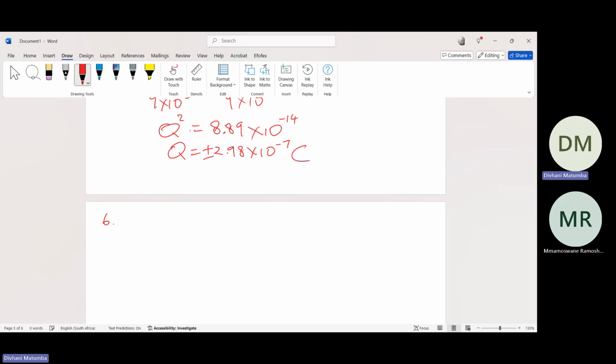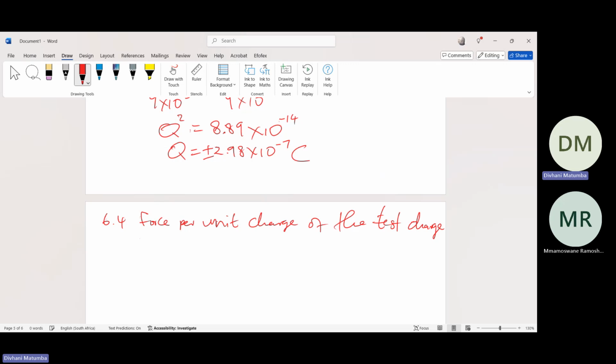That is correct. It is the force per unit charge of the test charge. Test charge.